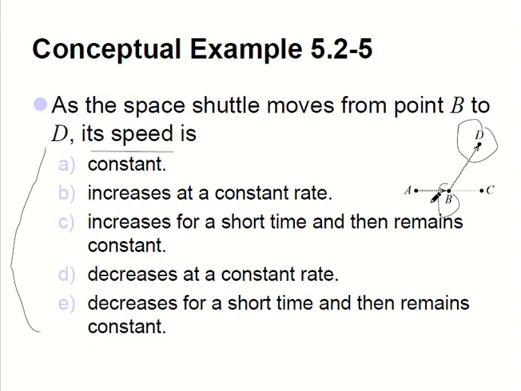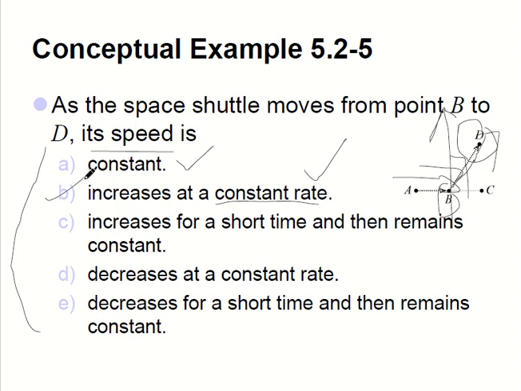When you think about the speed, you know that it can't be constant because the path changes, because you are subjected to a thrust at 90 degrees on that object. Okay, increases at a constant rate. That is correct, because when you apply this and this, the thrust is there, and you're going from here to here on a constant engine rate, you are going to increase the speed, but at a constant rate.